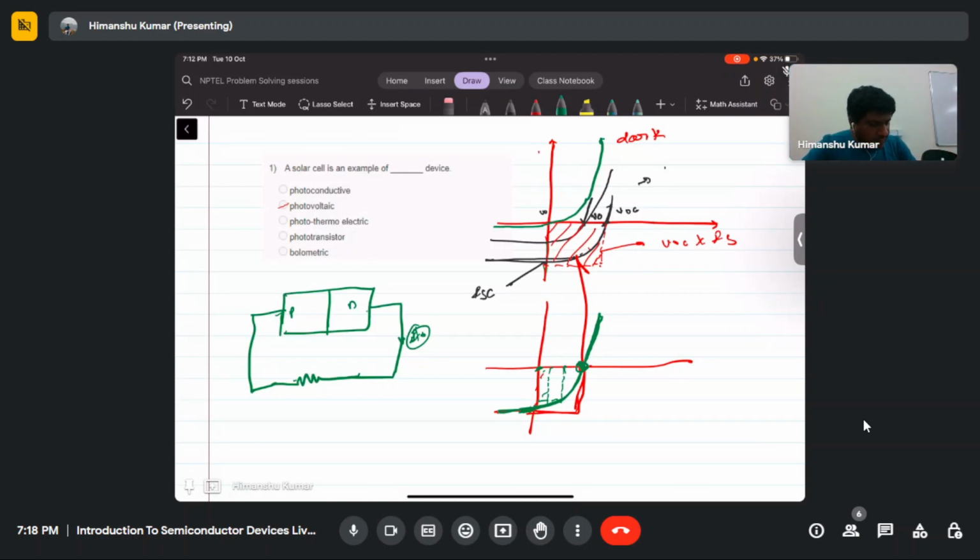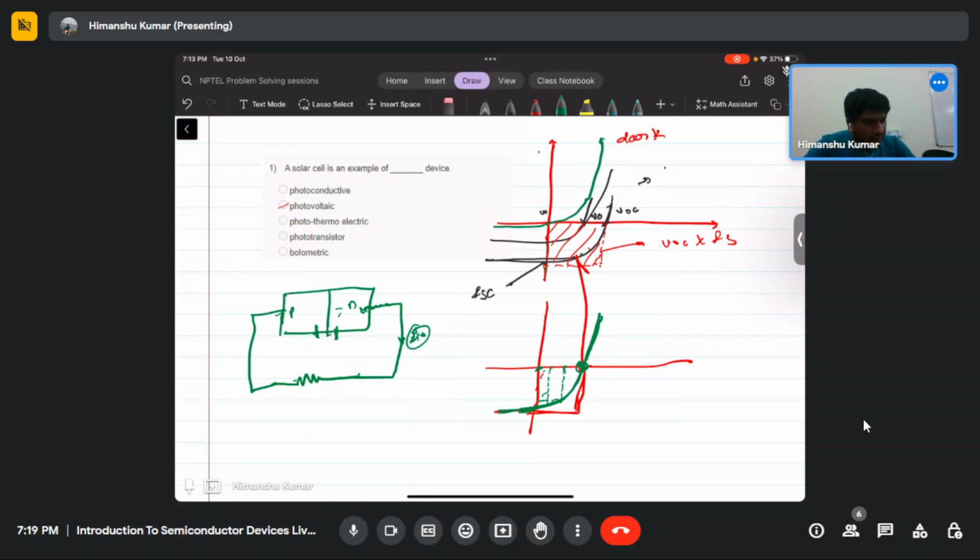Yeah. So this thing is clear, no? Suppose you are drawing more current. There is a series resistance because the P and N regions have a finite resistance. So your voltage across the junction will get reduced, because when you start drawing the current, that resistance drop will be there.